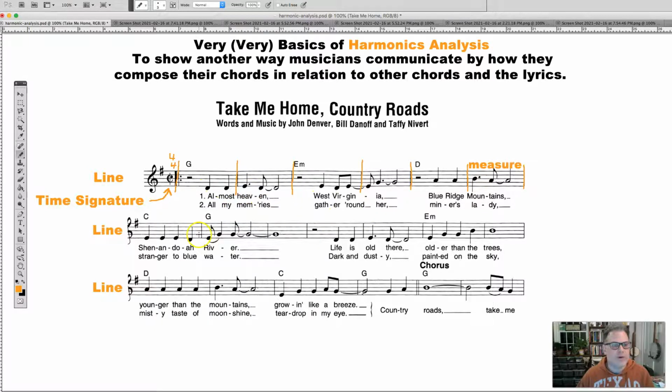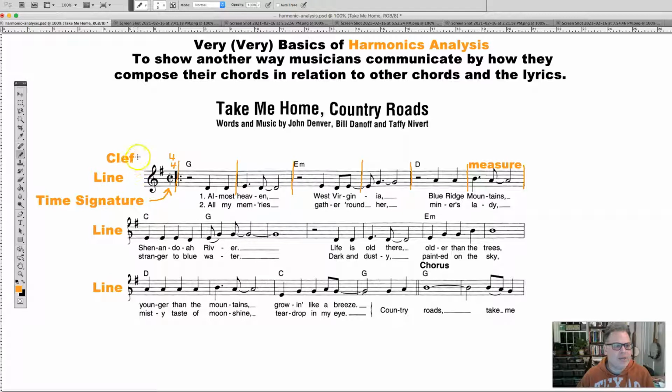So let's see, we can find one. 1, 2, 3, 4. 1, 2, 3, 4. This is a 2 beat rest, and then 1, 2, so that's 4. 1, 2, 3, 4. 1, 2, 3, 4. Okay, so that's the basics of the staff right there. Then we have a symbol right here called a clef.